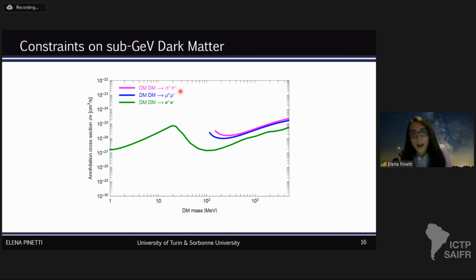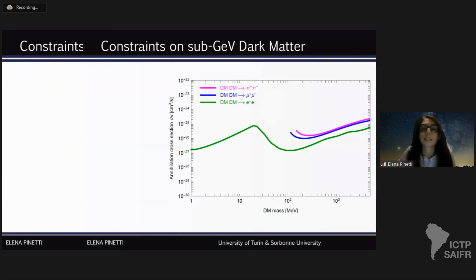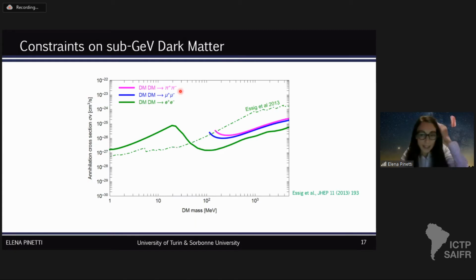We compare our results with the other existing constraints in the literature. In particular, in 2013, Essig et al. derived their constraints on sub-GeV dark matter by considering several datasets from several experiments, including INTEGRAL. But from the INTEGRAL detectors, they use another dataset, the energy spectrum, which includes also the Galactic center.